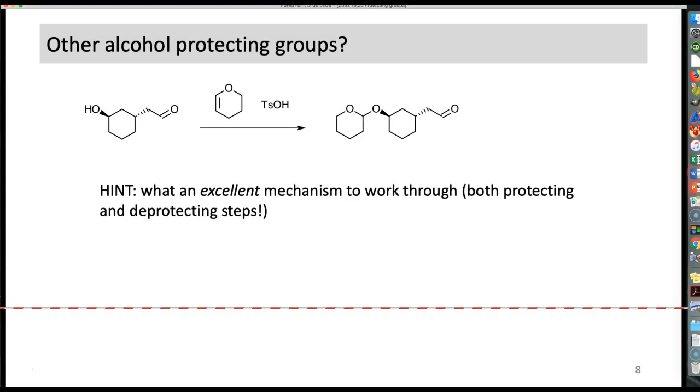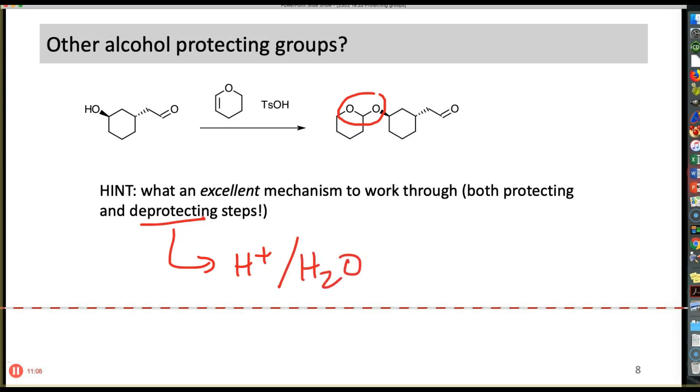What I want to convey to you is that making this THP ether is a great mechanism for you to work through, both in terms of putting the tetrahydropyranyl ether on and taking the tetrahydropyranyl ether back off again. As you might expect, since this is an acetal, to deprotect, you're going to use acid and a lot of water. So hint, hint, it would be great practice for you to practice the mechanism for this reaction.